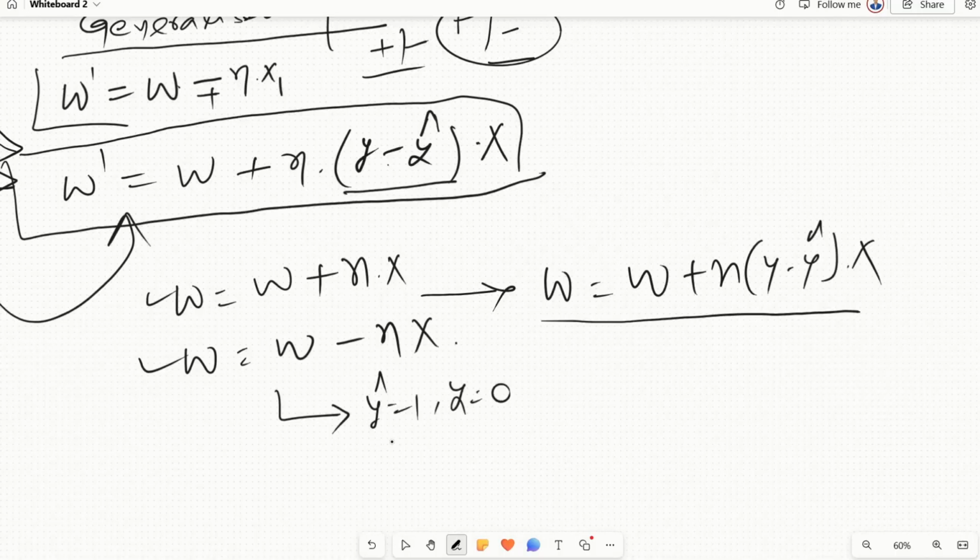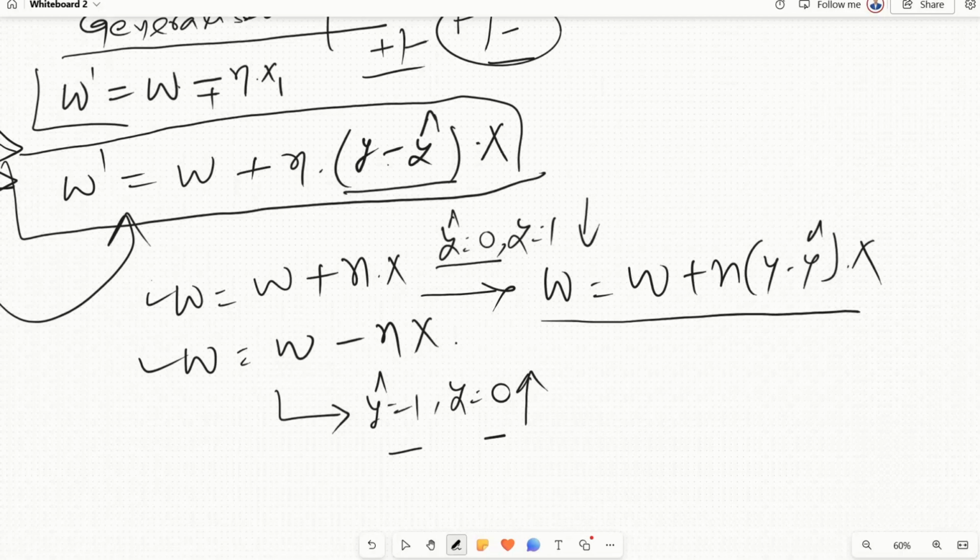This is the case of upward direction, right? And if my y predict is equal to 0 and y is equal to 1, then this is my negative direction. So this update is representing the negative direction, and this one is representing the positive direction.